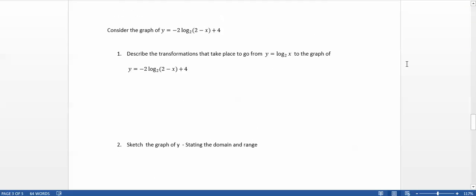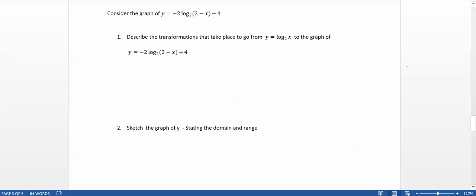All right, because I wanted to get into this. Consider the graph. This is, I think, the most important stuff, and the stuff that some students really struggle on: describing transformations and sketching graphs. As I said, it's the process. We want to repeat the same process, no matter what graph.